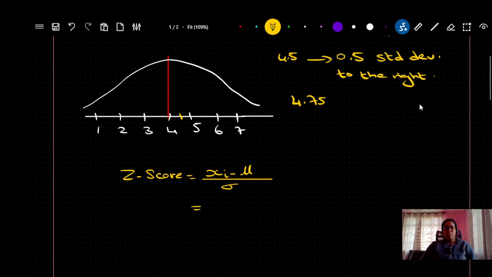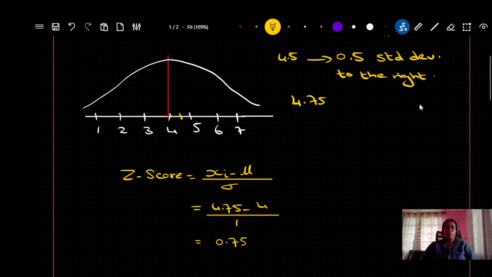We'll take the x of i, which is 4.75, minus our mu. What is our mu? Our mu is 4, divided by the standard deviation, which is 1. What do we get? 0.75.